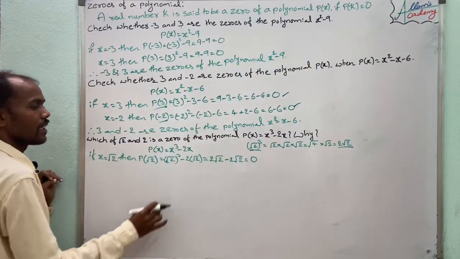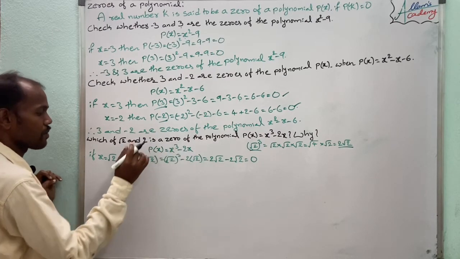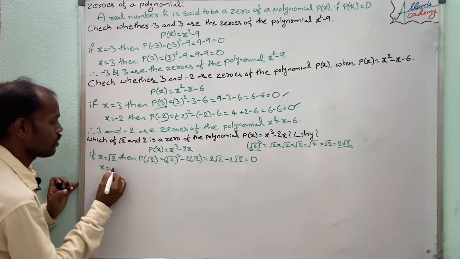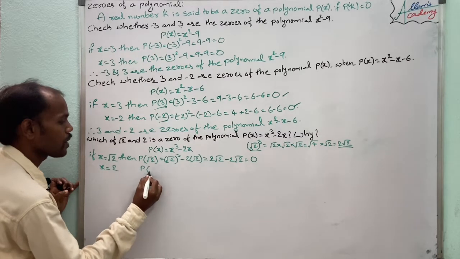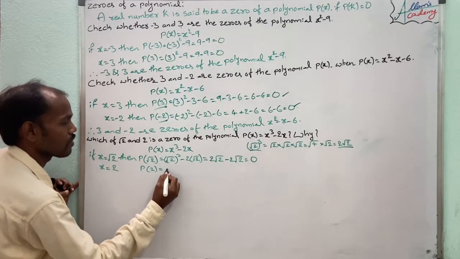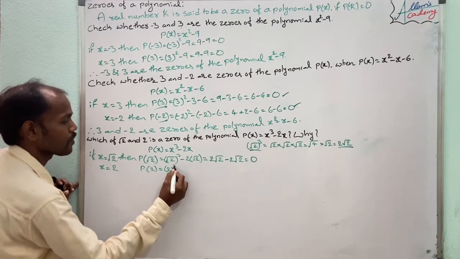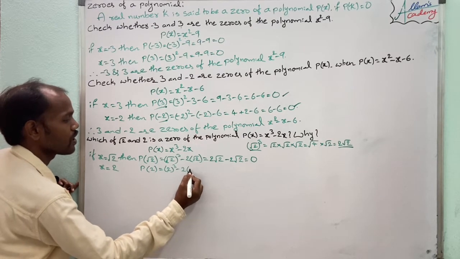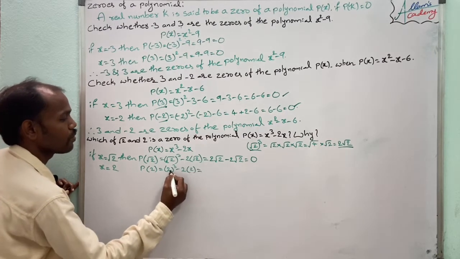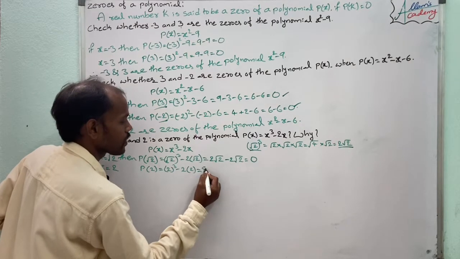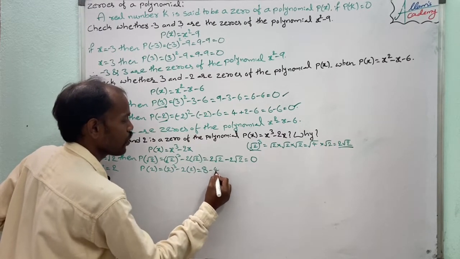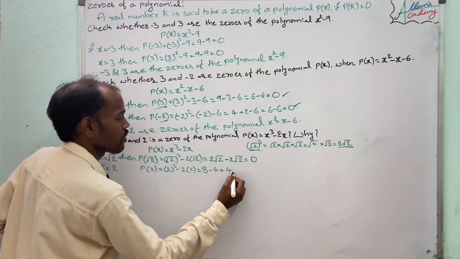Now in the given polynomial we substitute x equal to 2. So if x equal to 2, then p of 2 equal to 2 cube minus 2 into 2. 2 cube equal to 8, minus 2 twos is 4. 8 minus 4 equal to 4.